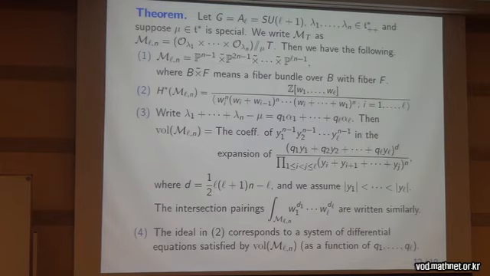And third, if we write the vertex minus mu in this form of the combination of positive roots, then the symplectic volume of MLN is given by the coefficient of this term in the expansion of this rational function of y1 to yl, where the number d here is a number defined by this formula, and in this Taylor expansion, we assume this condition.